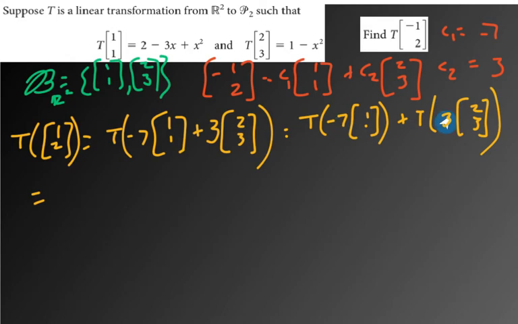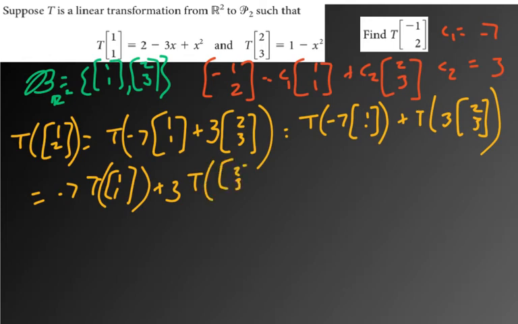I've got scalars in here, and I can pull those out, right? So I get negative 7 times T of (1, 1), plus 3 times T of (2, 3). And now I have it, because I have T of (1, 1) and T of (2, 3).